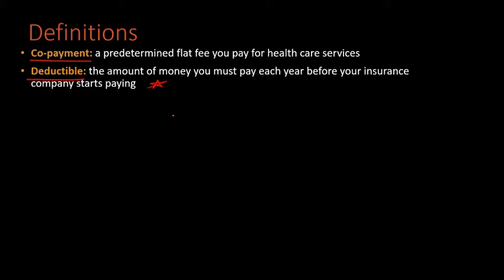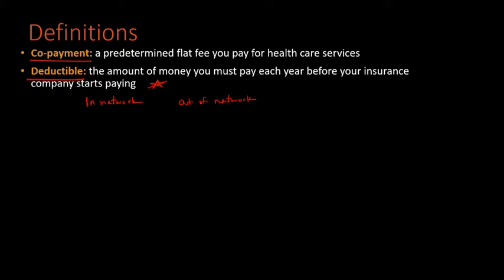There's one other definition not mentioned, which is in-network costs versus out-of-network costs. And this has to do with who your insurance provider is and who you're going to see for your service. So let's say, for example, that I'm not feeling well, I want to go to the doctor, and I have a particular health insurance company that provides my health insurance.